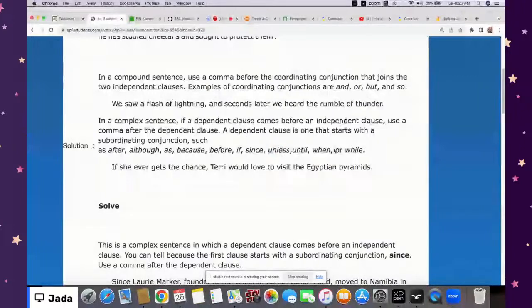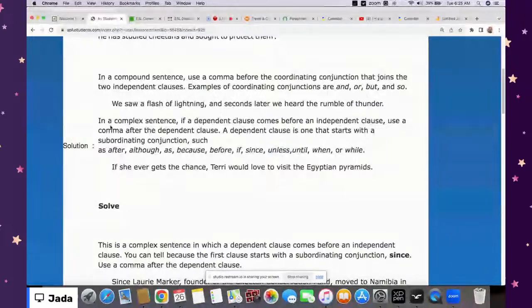So once you see a subordinating conjunction starting a clause, you know that it's a dependent clause, and you're going to put a comma after that.